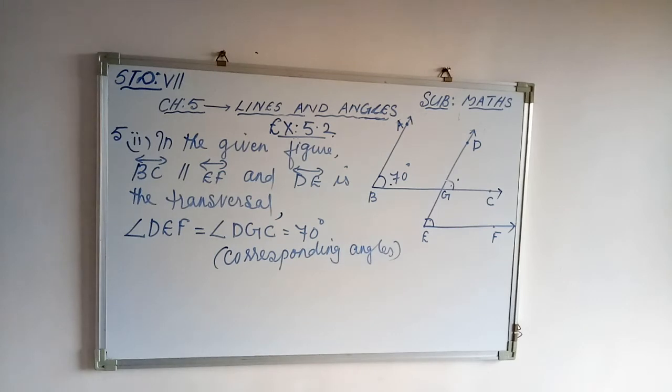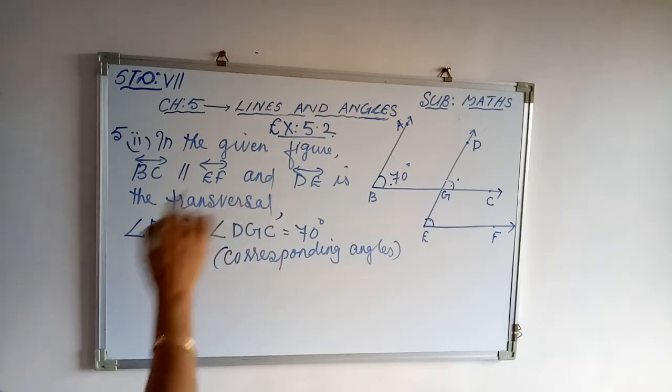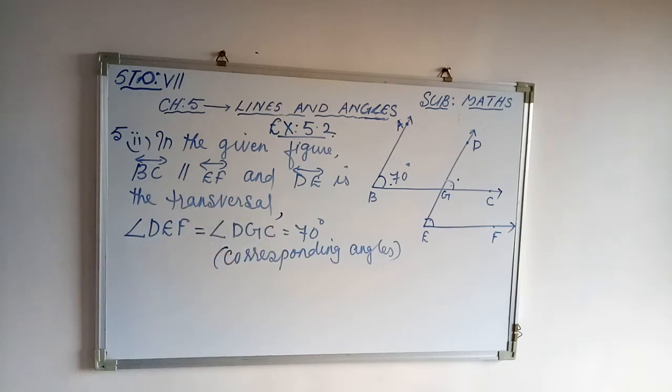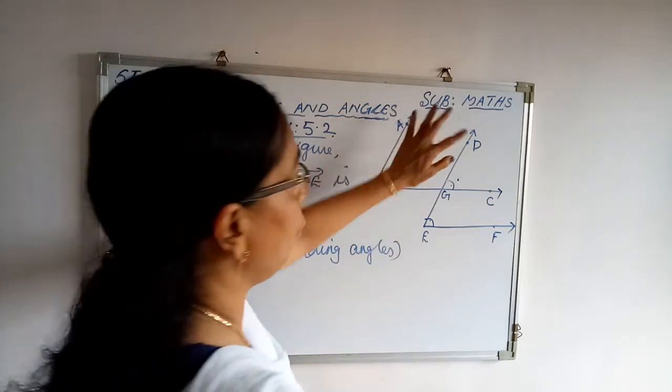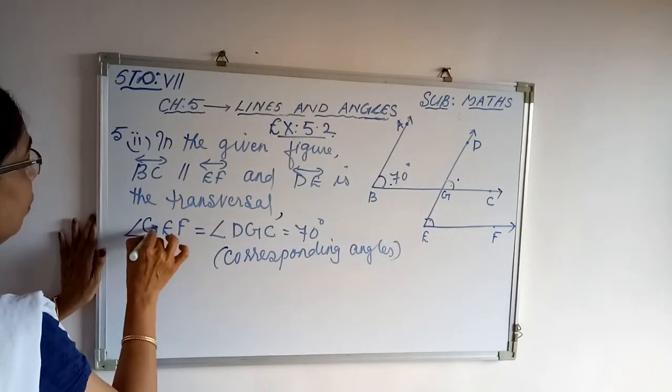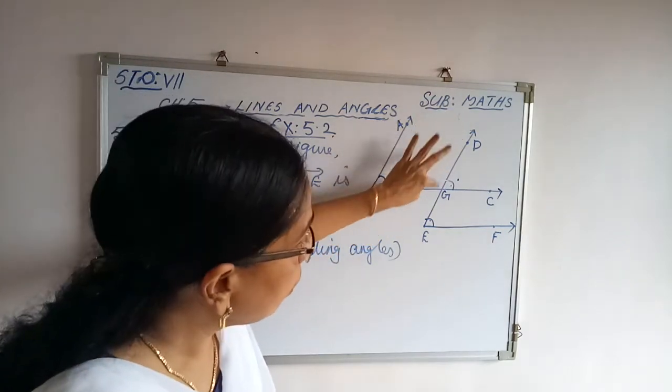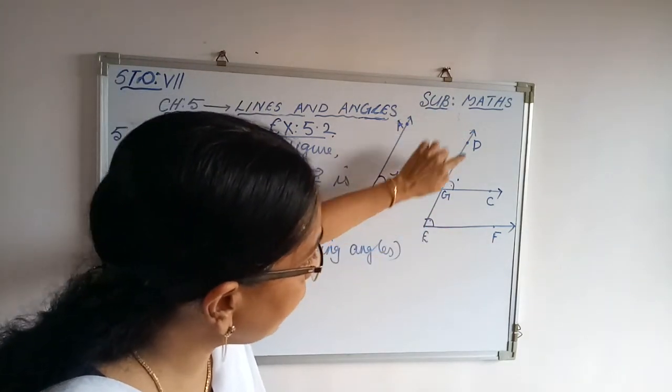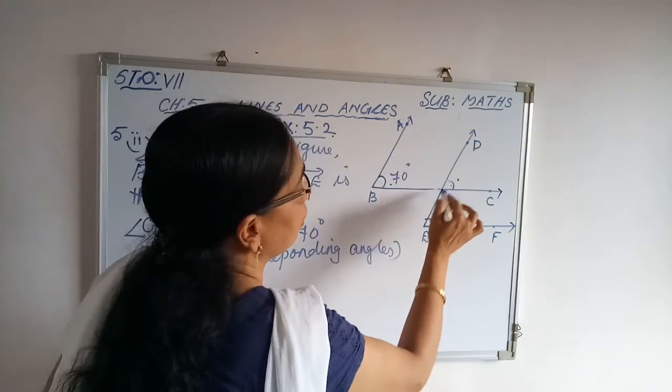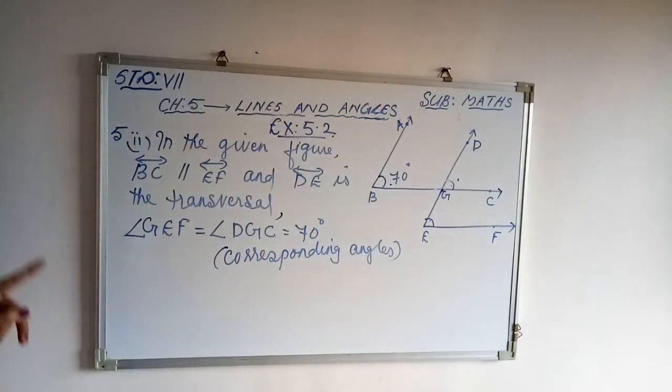Now, what we have to find out, GEF and DGC, isn't it? DGC and DEF, but we have to find out DEF only, isn't it? So what is angle DEF? Yes. Angle DEF is equal to 70 degree. See, in place of DEF, we can write angle GEF. Angle GEF is equal to angle DGC, these two angles. But DEF is the same as that of GEF.